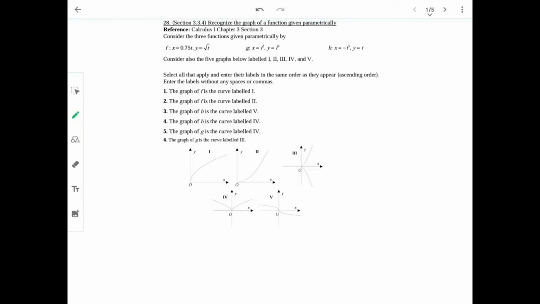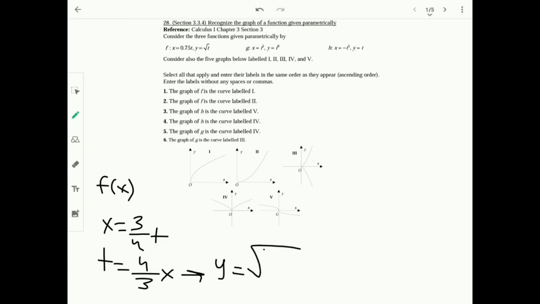Let's solve together. Now let's move to the first one, f of x. We should see immediately that x is equal to 3 over 4t, which means t is equal to 4 over 3x. And that shows us that since t is there, y equals square root of 4 over 3x, right? Now what do we know about square roots?